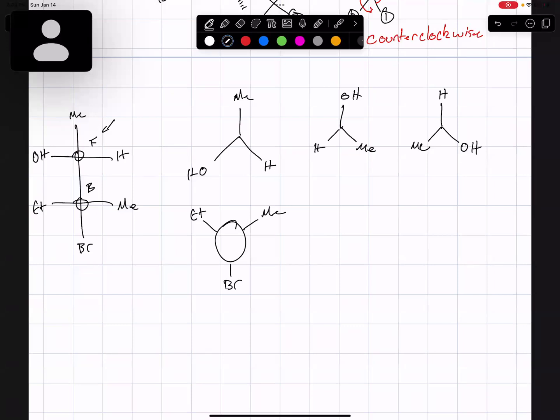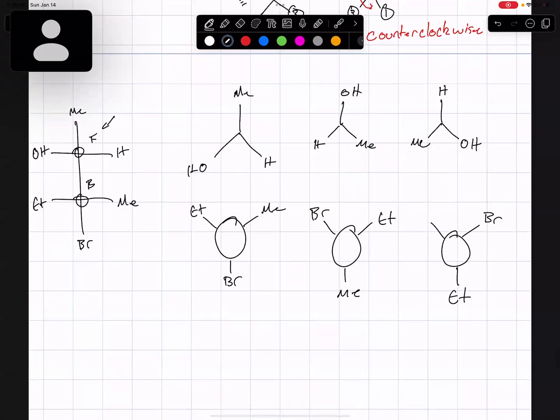But I could easily have rotated the back carbon such that I would have ethyl to the right, methyl pointing down, and Br pointing to the left. Or I rotate it 60 degrees to the right a little more, and I end up with Br pointing to the right, ethyl pointing down, and methyl pointing to the left.